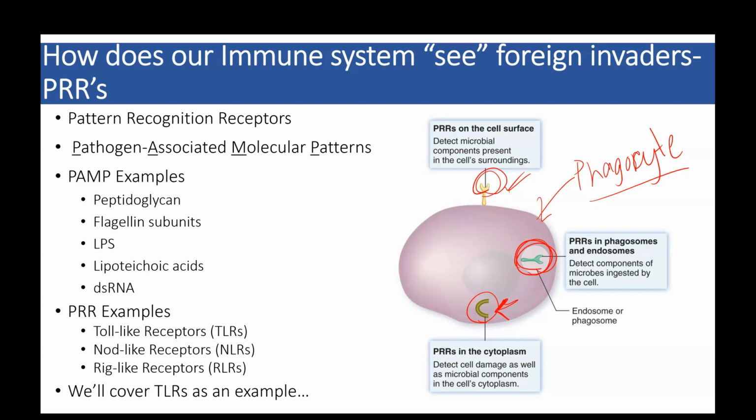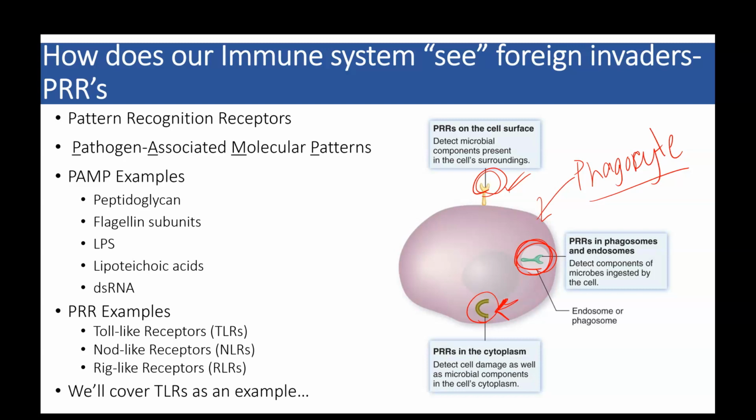So if one of our cells sees double-stranded RNA, it's immediate: no, you don't belong here. You're not in the club. You're not one of us. You're not self. I recognize your kind and you don't belong here. It's recognizing a pattern. If it sees peptidoglycan, it knows that bacteria are present, and it's going to alert everybody because it's recognizing a pattern. Again, it's generic, right? And it's very fast acting.